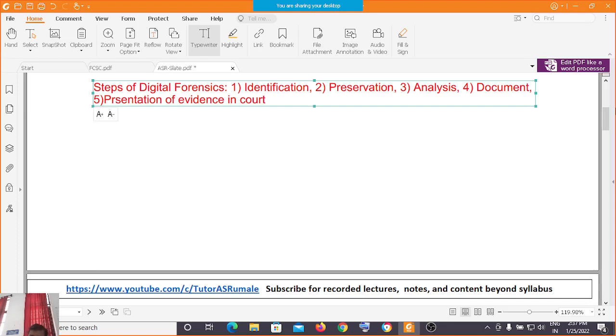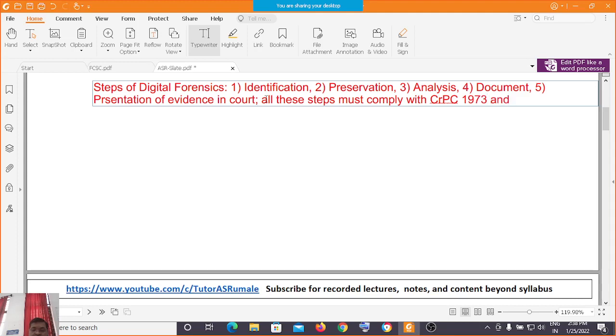So whether it is plain forensics or digital forensics, all these five steps must be completed. These are the five steps. All these steps must comply with the Criminal Procedure Code, CRPC 1973, and the Indian Penal Code, IPC.